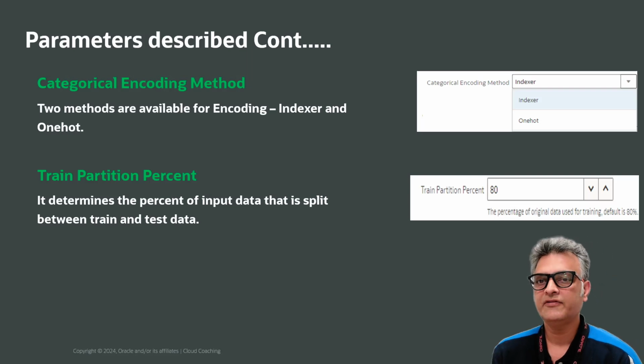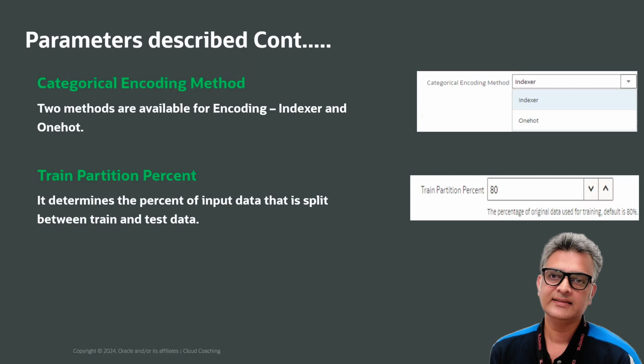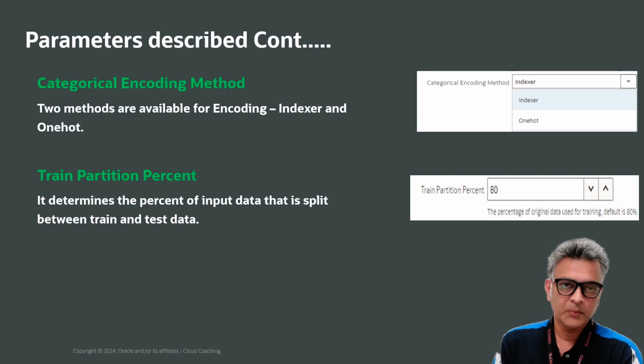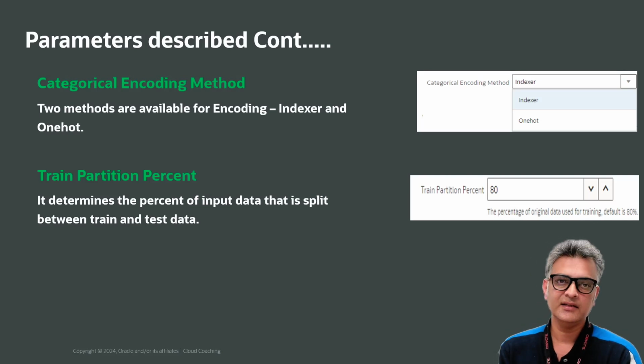Now if we use one hot as the encoding method, then it would actually create a number of columns based on the distinct values. If I stick to this example of region again, we have 3 values, Europe, Middle East and Africa.